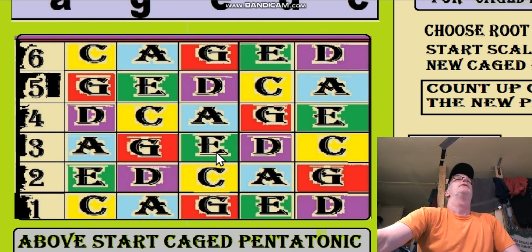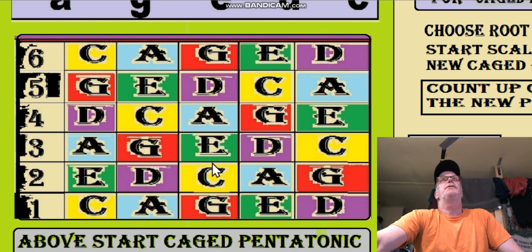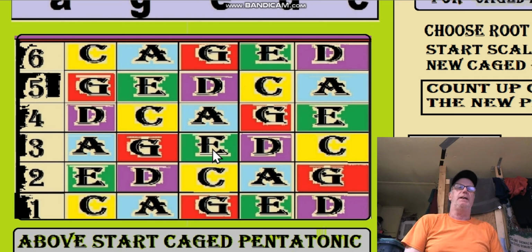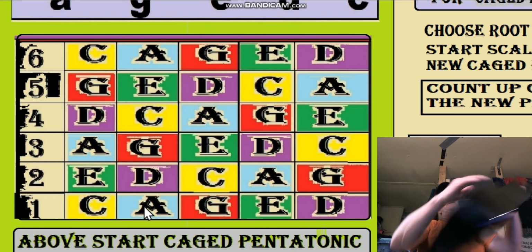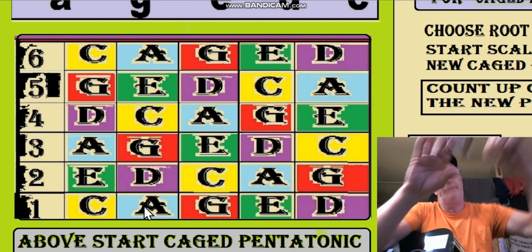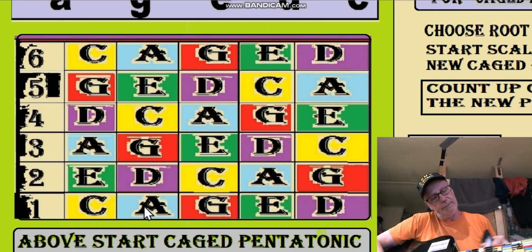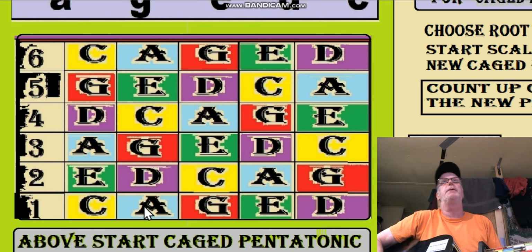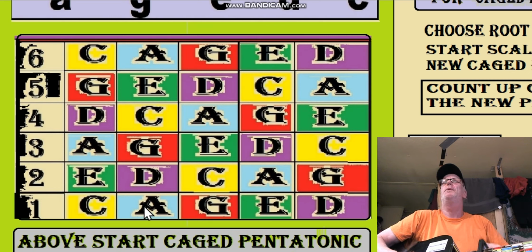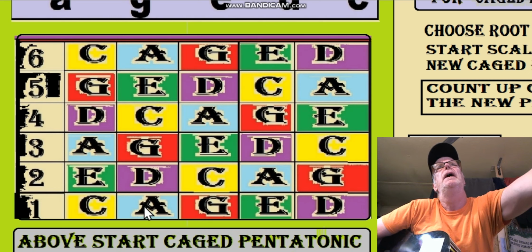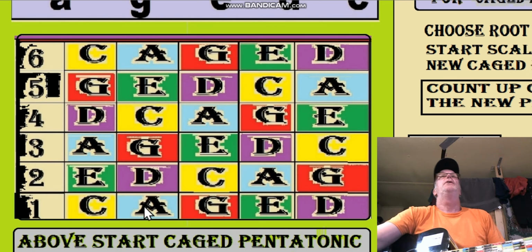No. There's an anomaly in this chart: C always goes to E. It's almost like if you look at it from the A shape, if you put the capo on the A there, as it goes up, it goes A, D, G, C, E, because of the third here. That's one way to look at it. So that's the only anomaly.